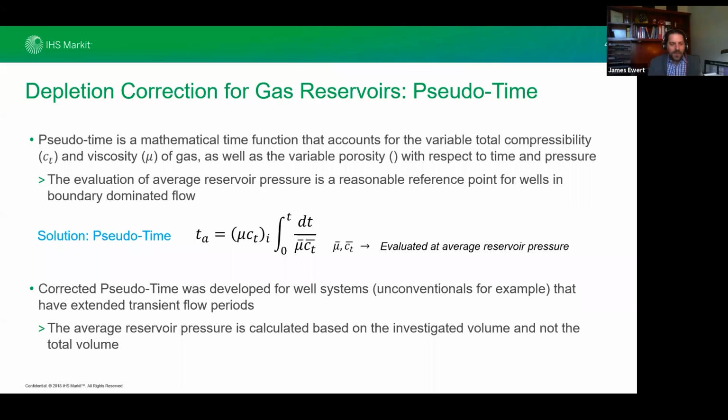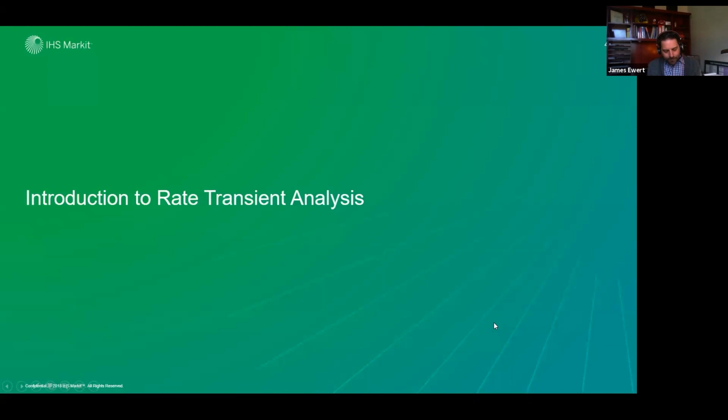What I am telling you is, if you have the choice between an analytical model, which is single phase, and a numerical model, go numerical, even for single phase gas. Pseudo-time is one of these things that can modify your results, and not in a very good way. But for many years, analytical model, single phase modeling is what we had. So pseudo-time was required to make it all work.